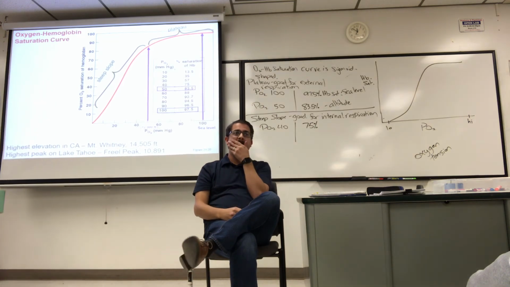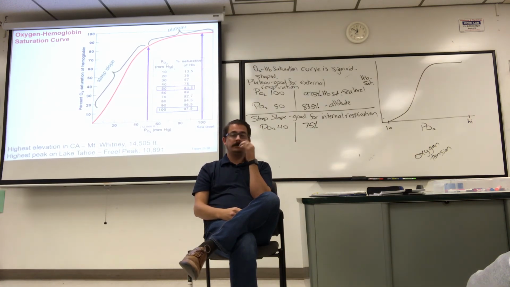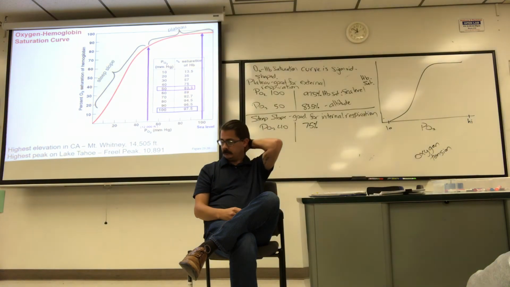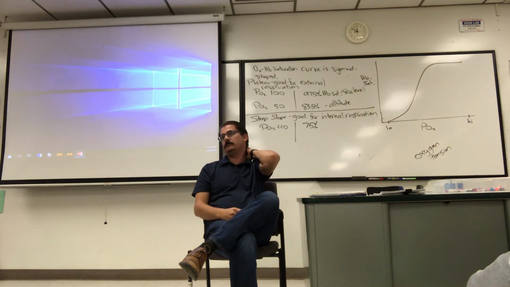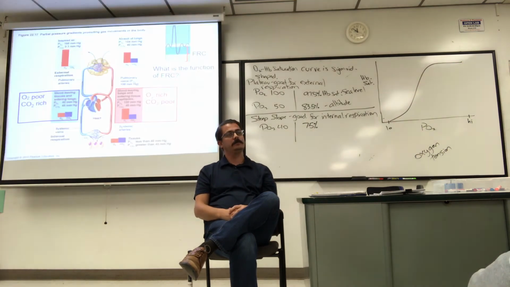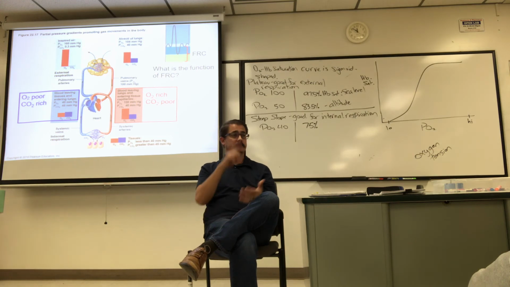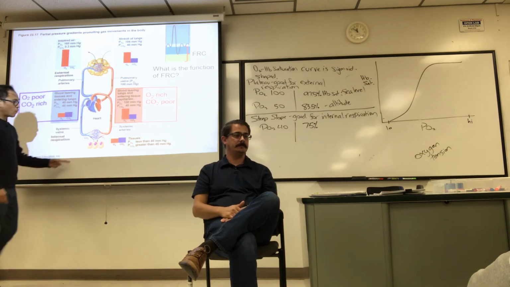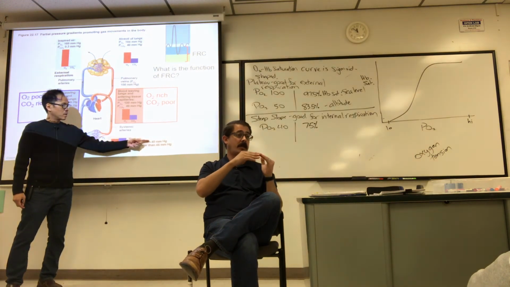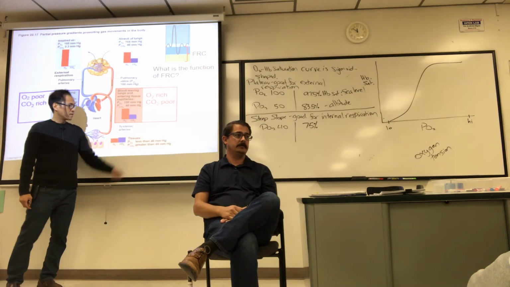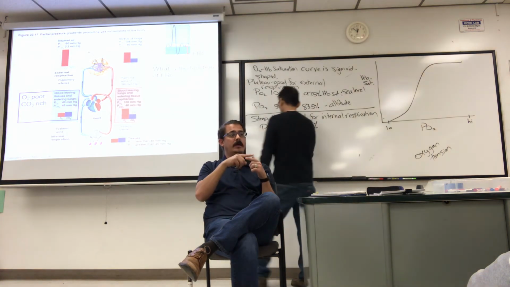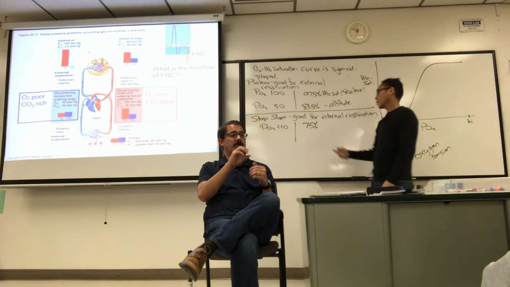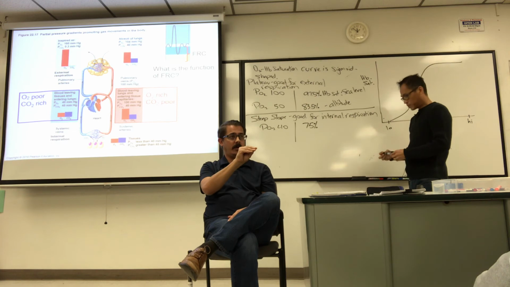Remember that number, PO2 of 40, it was from a prior slide. Let me go back for a second. This slide. Look at the tissues. We said it's 40, or less than 40. So what we learned is, when blood flows to the tissues and it encounters an oxygen tension of 40, it's 75% saturated.